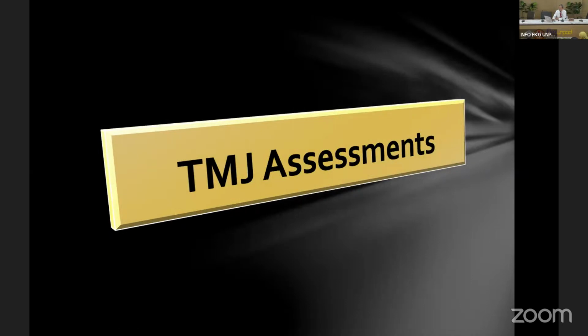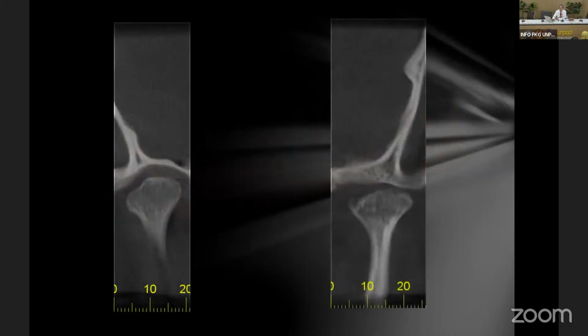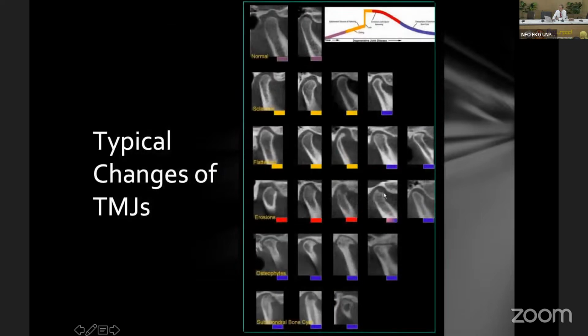TMJ assessment: cone beam is also very helpful for temporomandibular joint diseases. Some people say that the trabecular bone pattern described in cone beam CT may be better than medical CT. That's why you can see the cortical bone erosion on the cone beam CT, and you can easily recognize what normal looks like.